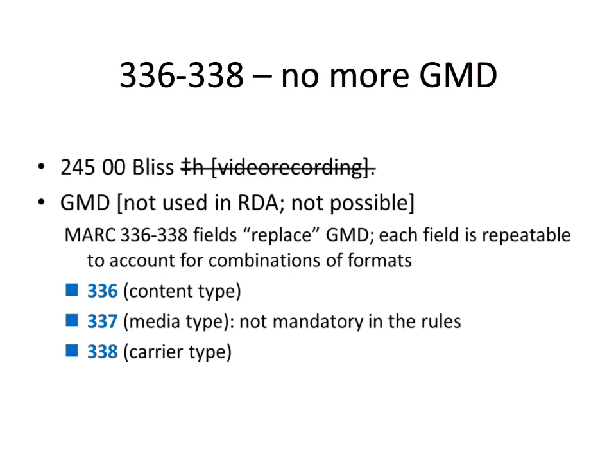In AACR2, they exist in any bibliographic record for non-print or audiovisual resources. A big change, especially for those of us who work with non-print or audiovisual material, is that in RDA there is no GMD. It's replaced by three fields, the 336 for content type, 337 for media type, and 338 for carrier type.